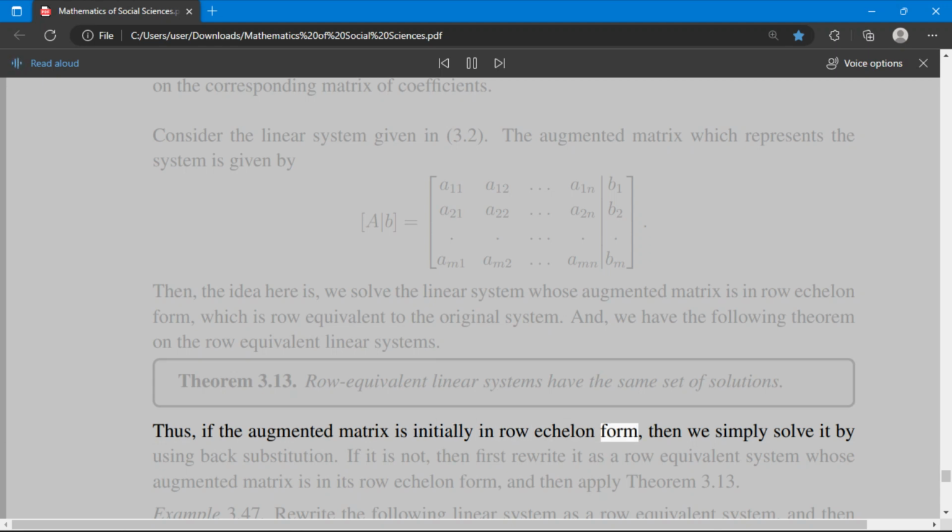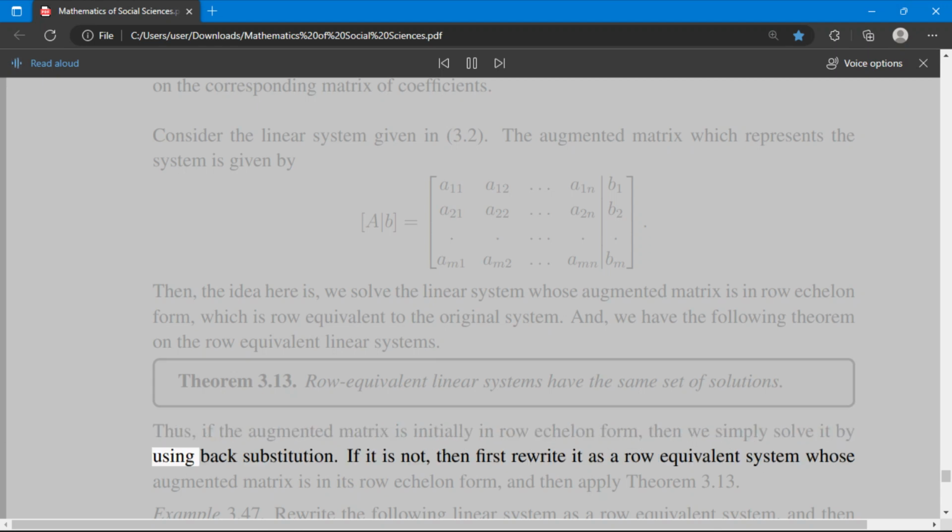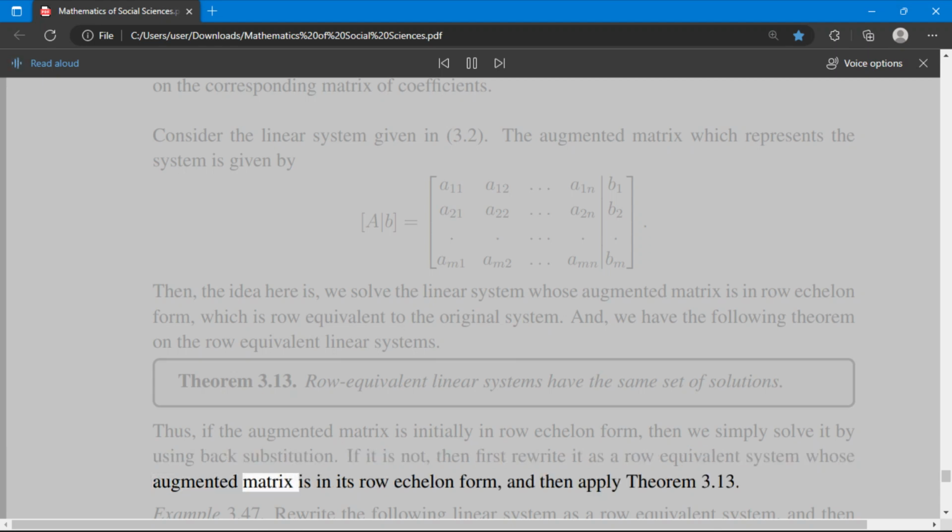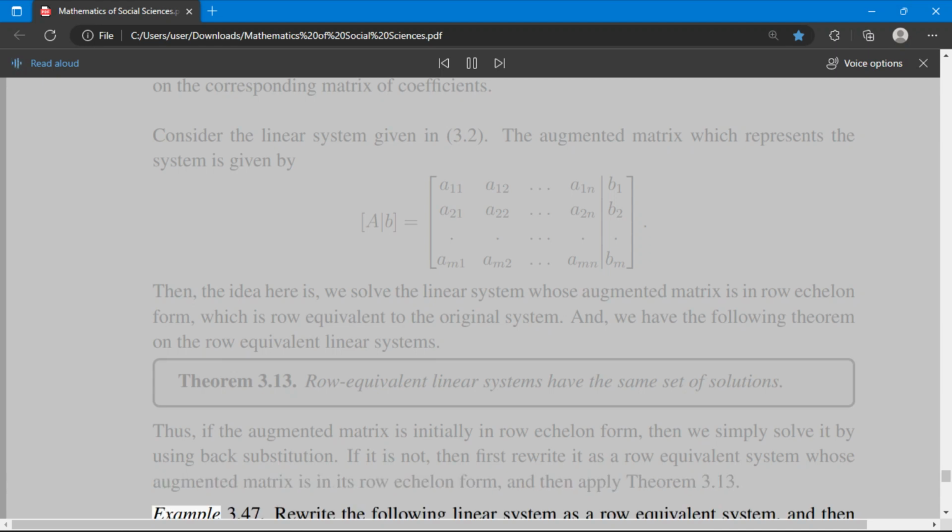Thus, if the augmented matrix is initially in row echelon form, then we simply solve it by using back substitution. If it is not, then first rewrite it as a row equivalent system whose augmented matrix is in its row echelon form, and then apply Theorem 3.13.